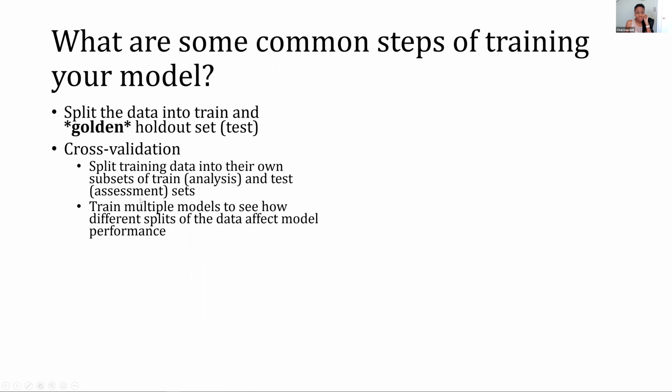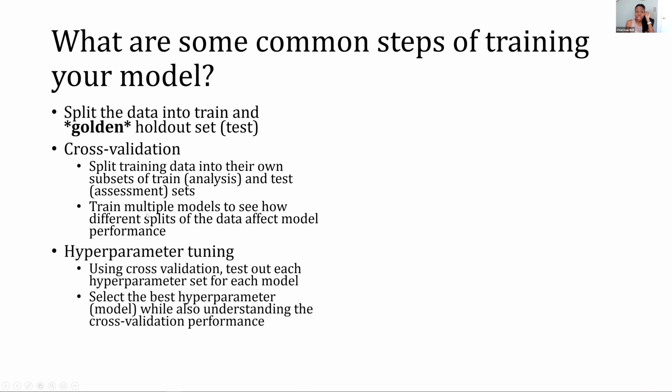And so speaking of hyperparameters, let's talk specifically about that. So with cross-validation, you also might want to do hyperparameter tuning if your model requires that. So during cross-validation, you would actually test out each hyperparameter set. Okay, so what is this hyperparameter? This hyperparameter is something, one or more hyperparameters, that cannot be actually like calculated.